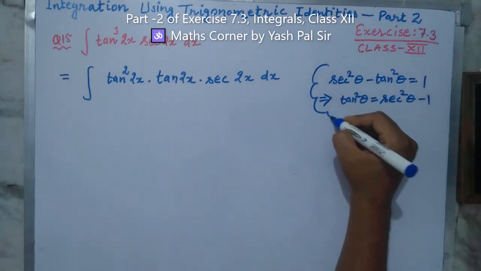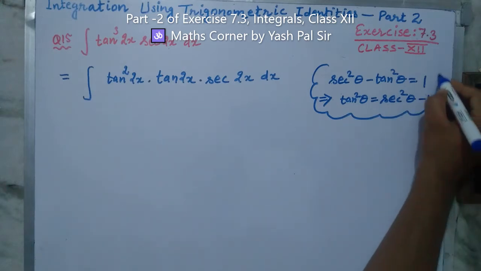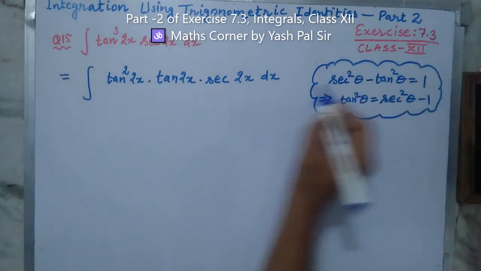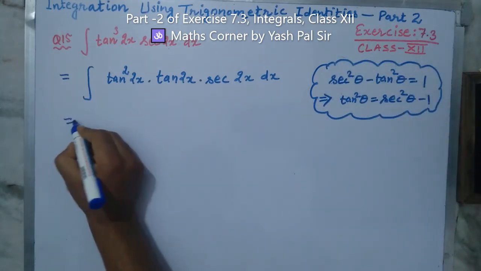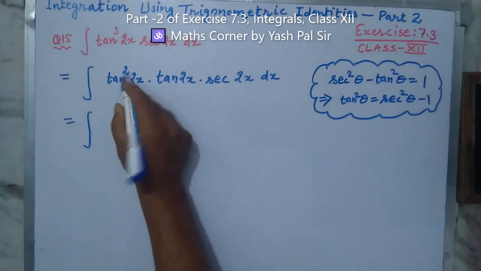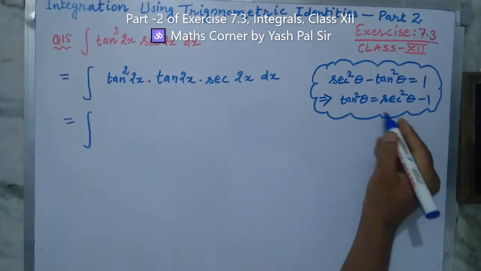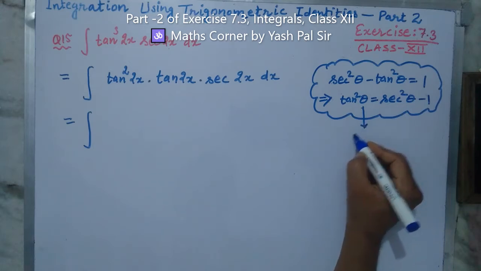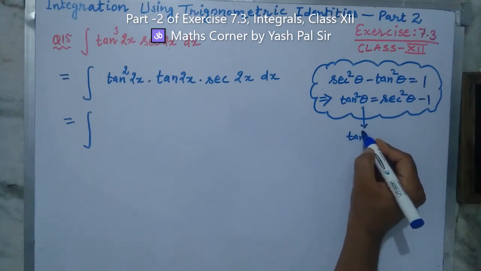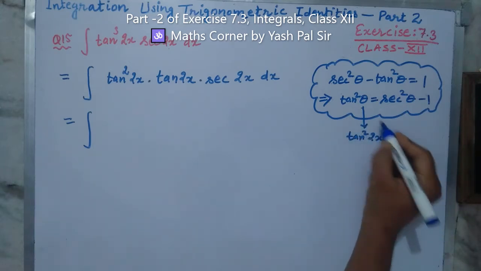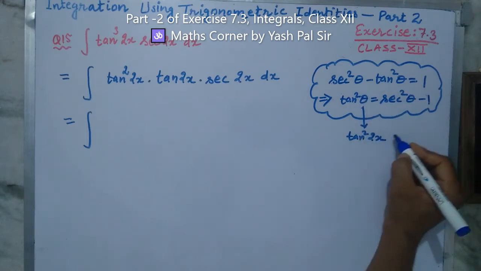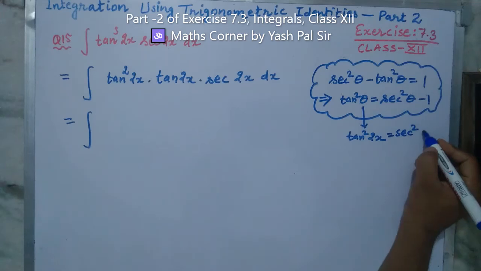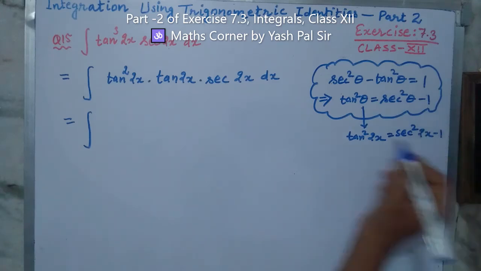So first of all we follow this identity in the question. So instead of this tangent square of 2x, we can say theta is equal to 2x. So this is equal to secant square of 2x minus 1.